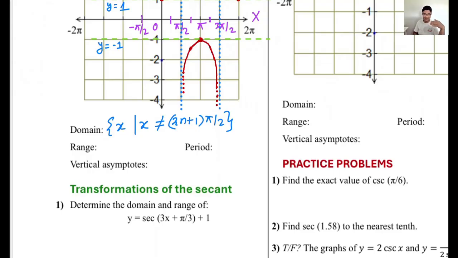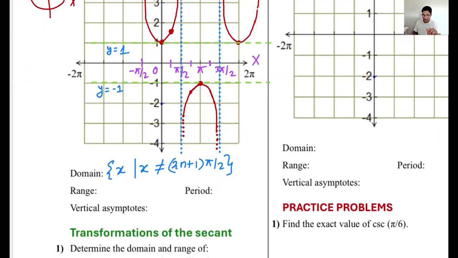So you are basically saying the domain can be any real number x, such that x should not be any odd multiple of pi over 2. An odd number is generally denoted by 2n plus 1. 2n will always be even, plus 1 will always make it odd, right? And when n is chosen as integers, you get all these different odd numbers times pi over 2. That will be the domain.